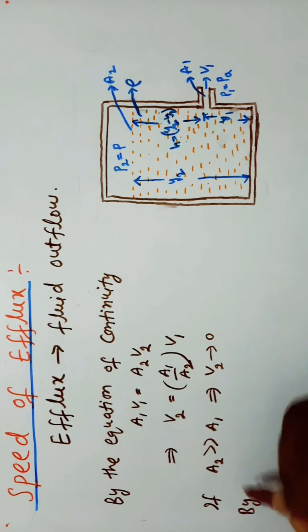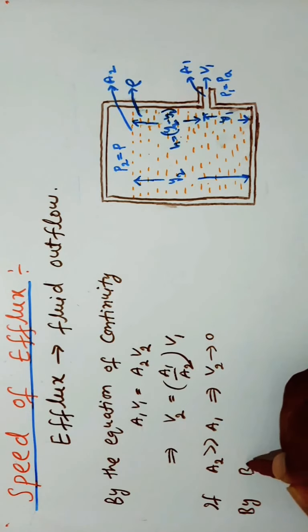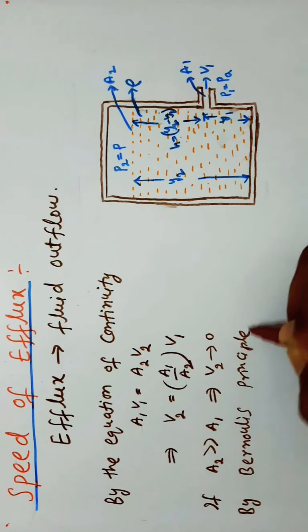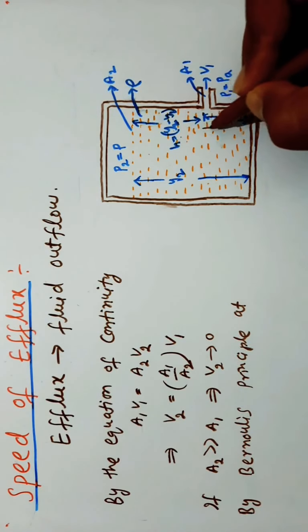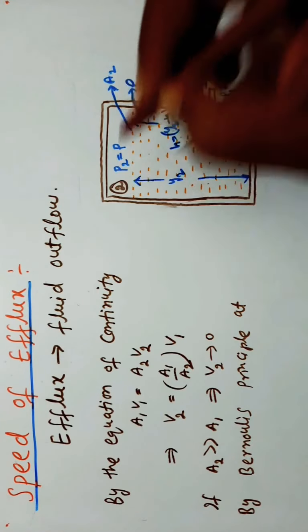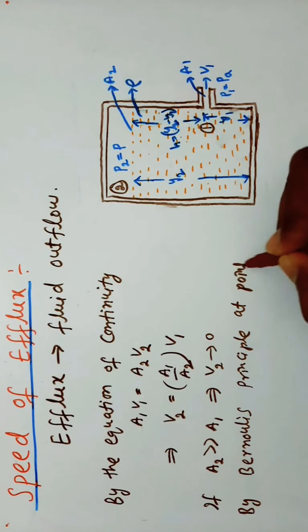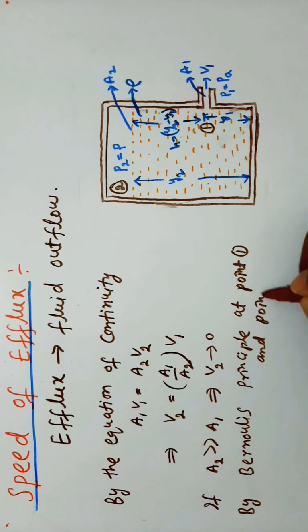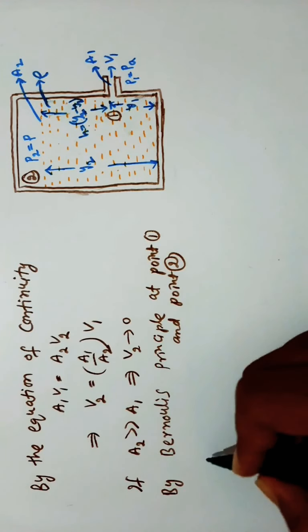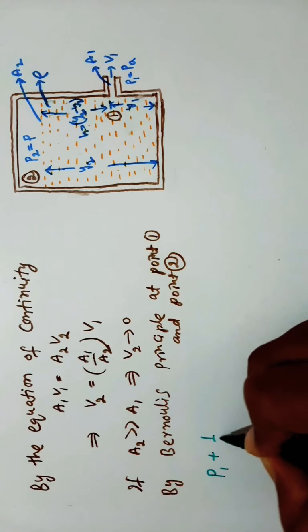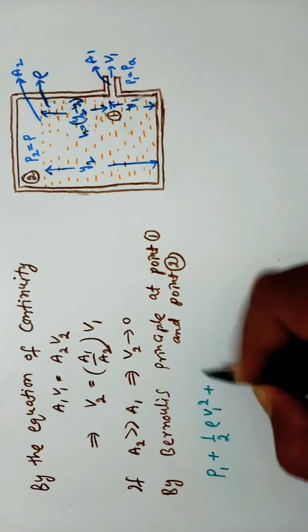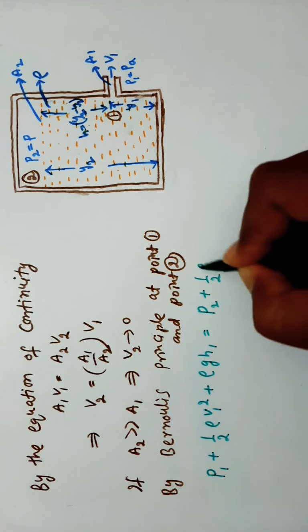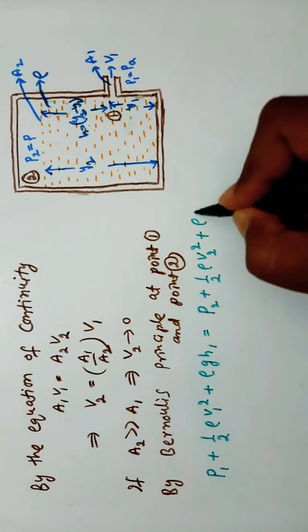So by Bernoulli's principle, here I am taking this as point 1, this as point 2. At points 1 and 2, we know P1 plus 1 by 2 rho V1 square plus rho g H1 is equal to P2 plus 1 by 2 rho V2 square plus rho g H2.